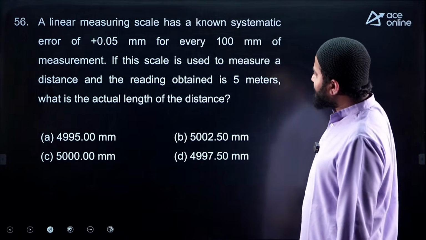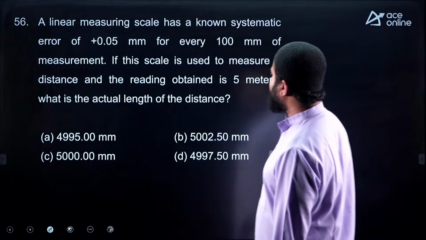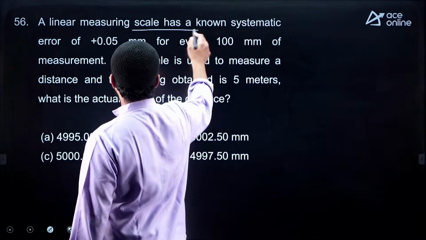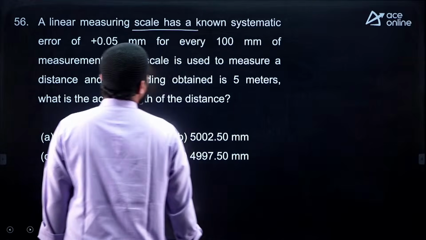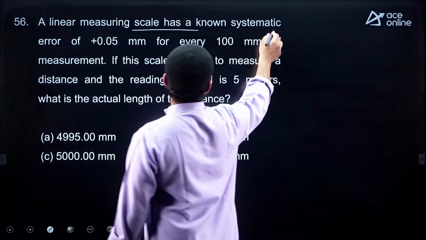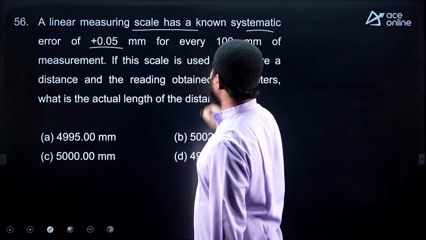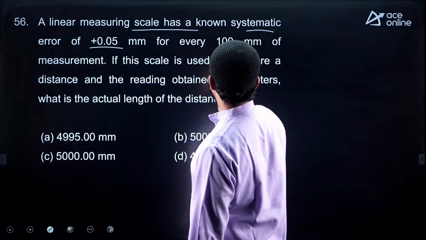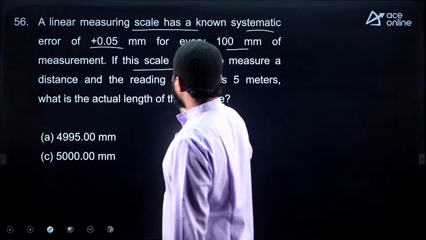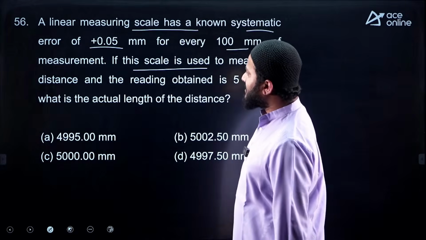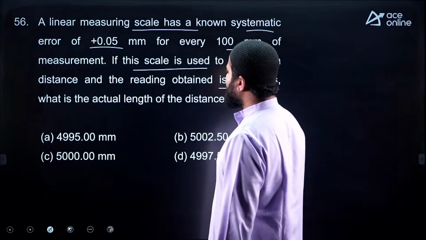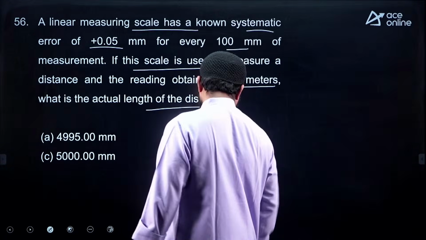Next, in this question they are asking a metrology question: a linear measuring scale has a known systematic error. So, the systematic error is given as plus 0.05 mm for every 100 mm of measurement. If the scale is used to measure a distance and the reading obtained is 5 meters, what will be the actual length of the distance they are asking.